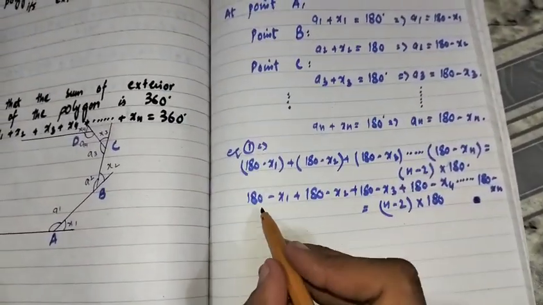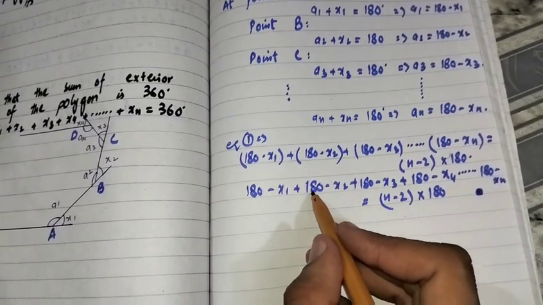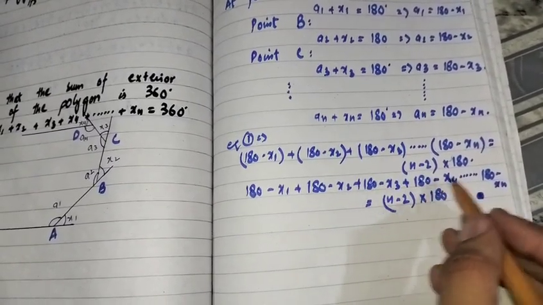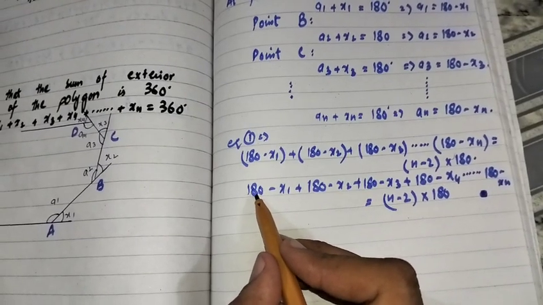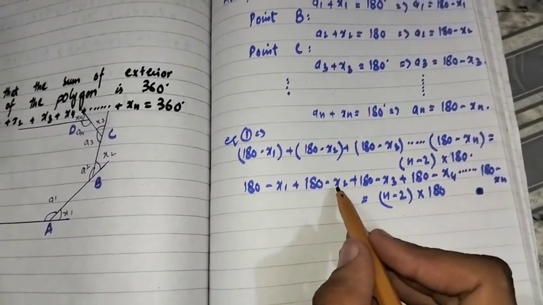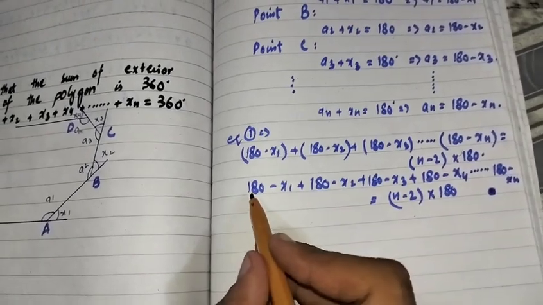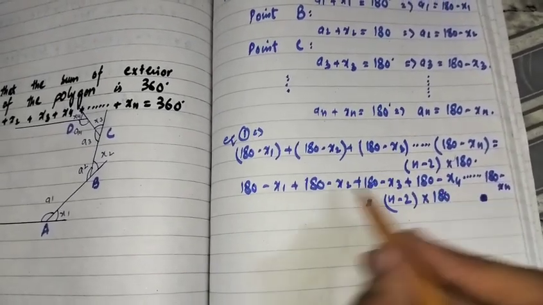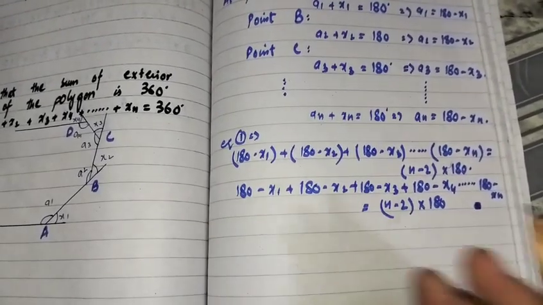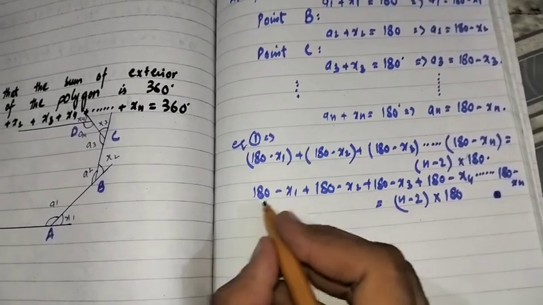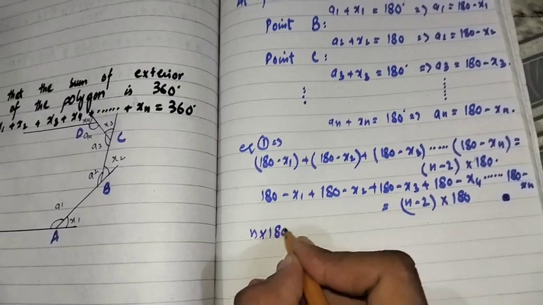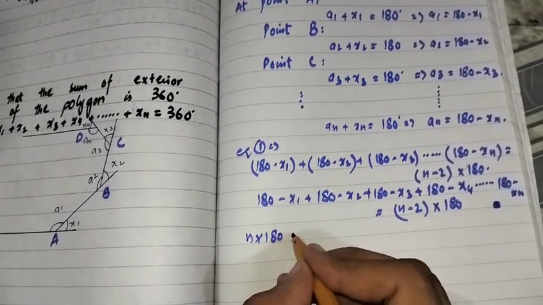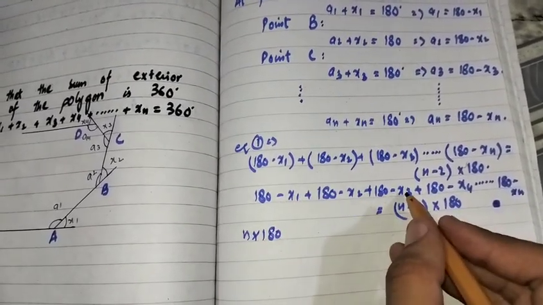Now there will be 180, 180, 180, 180, 180. This 180 will be n times, because we have n different sides. So if I write n times 180, the remaining are minus x1, minus x2, minus x3, minus x4.